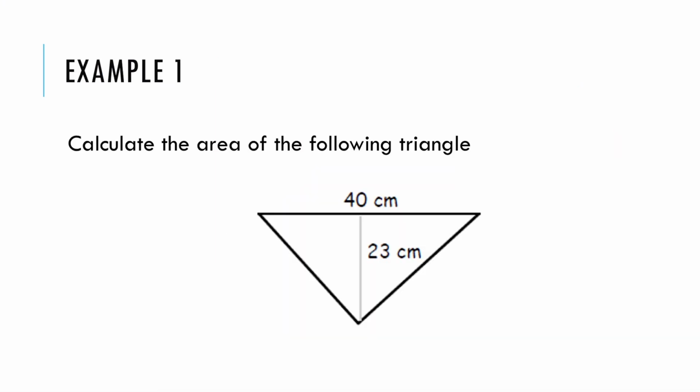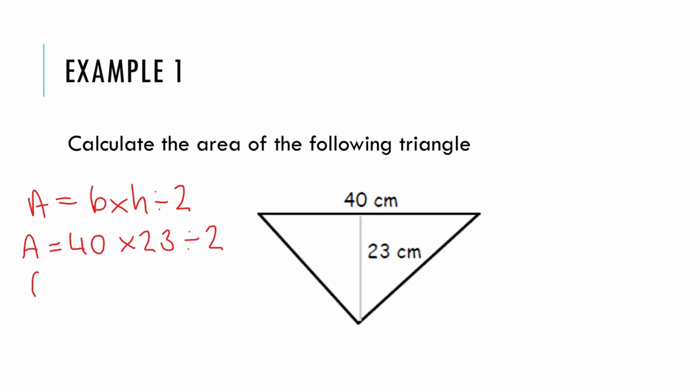Calculate the area of this triangle. So A equals B times H divided by 2. A equals, this time the base is 40, the height is 23, and divide by 2.